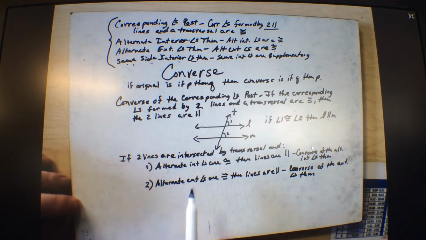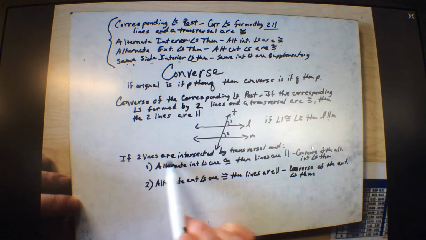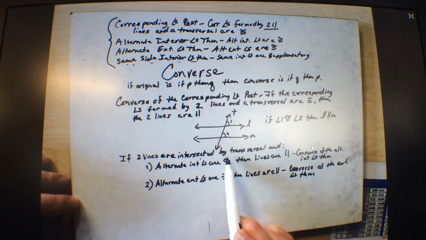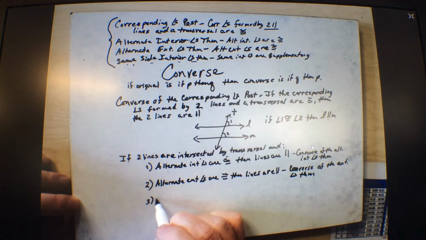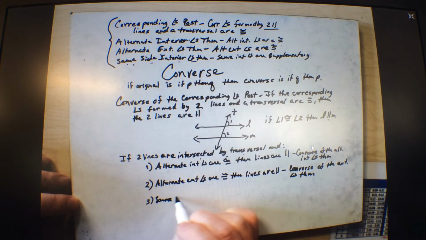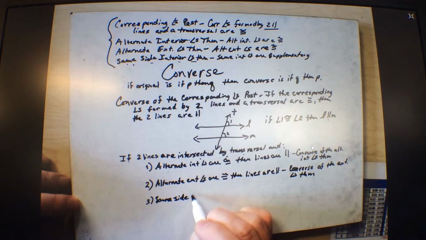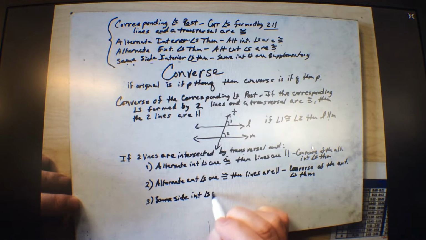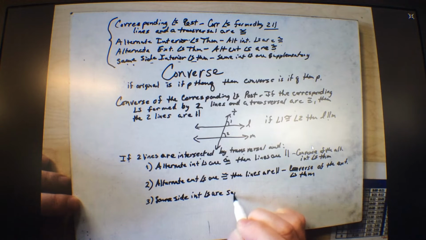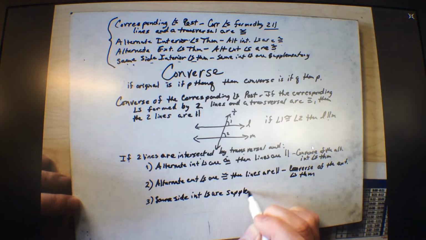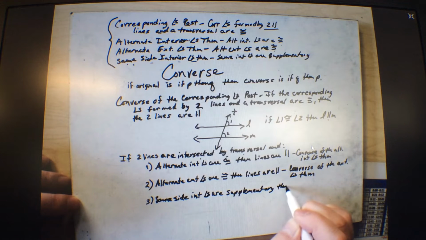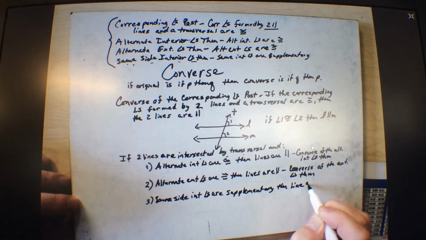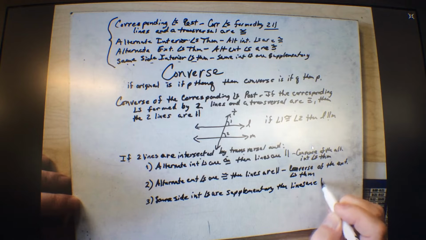Now let's go back up to the beginning again. If two lines are intersected by a transversal and same side interior angles are not congruent but supplementary, then the lines are parallel.